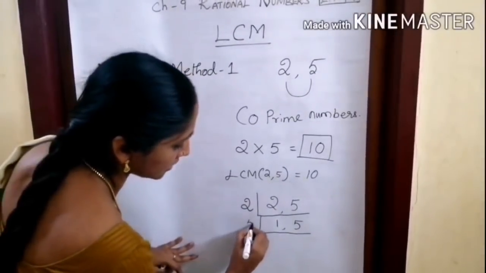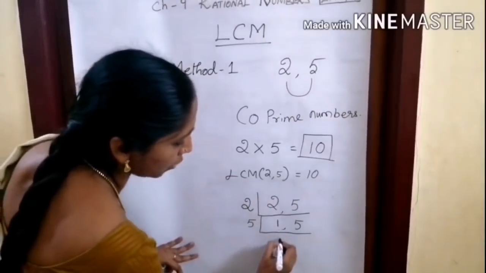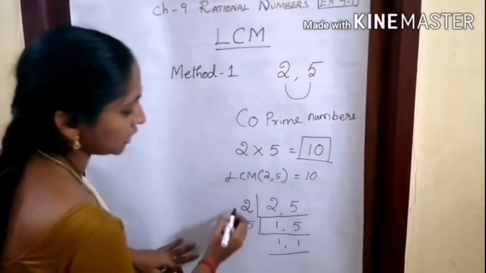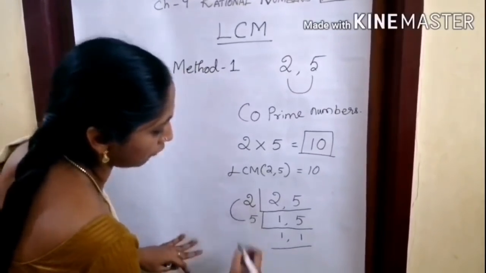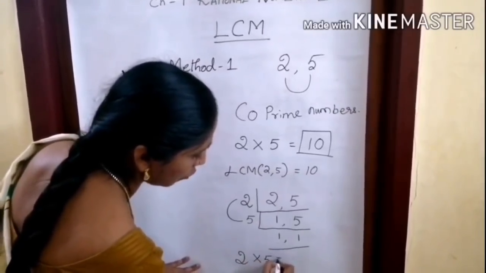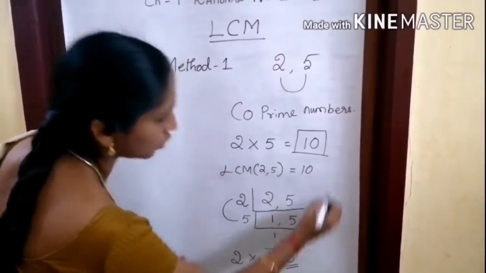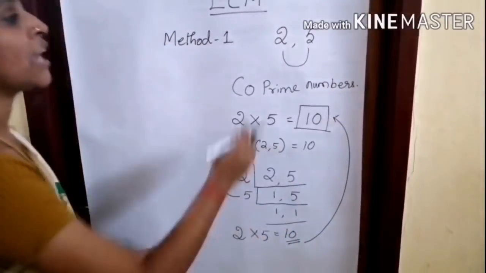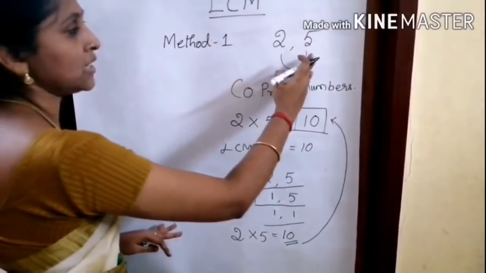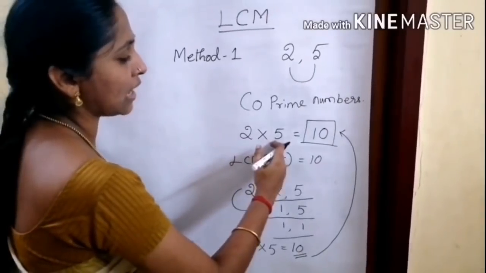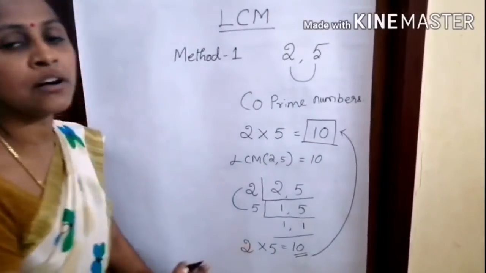I have taken this 5 here. So this is 1 as is. Then 5 one time. Stop here. Take the factors 2 and 5 and multiply. What is the answer you got? 10. Look here, the same answer I got. So, if there is no common factor, you can find the LCM by multiplying the numbers directly. This is the first method.